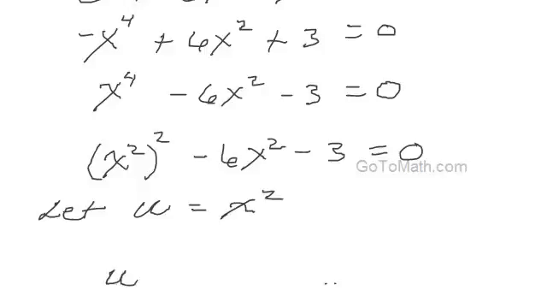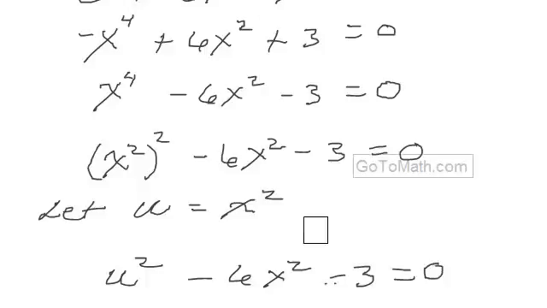So we should have u squared minus 6u minus 3. And actually, we're not going to be able to factor this particular one. We'll have to use the quadratic equation.